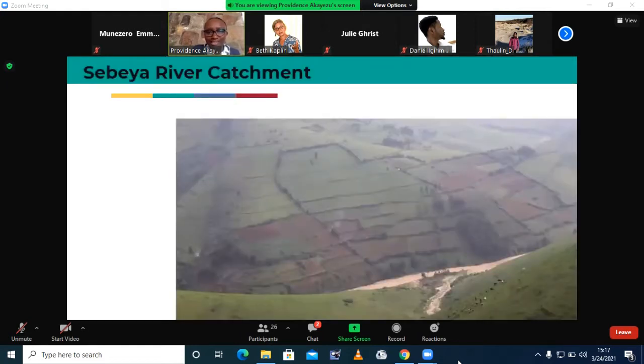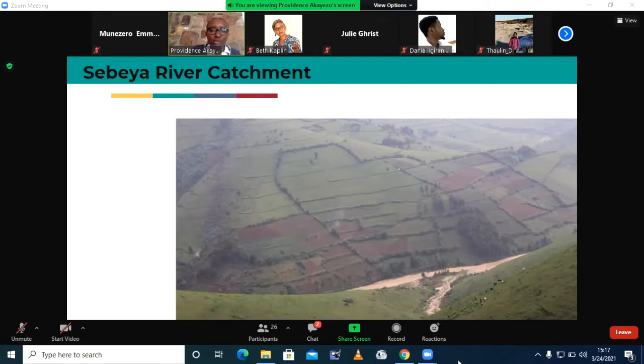Understanding the catchment again, this is the river Sebeya at its source, before it grows and becomes bigger. These are some of the landscapes in this catchment, hilly landscapes where the elevation ranges between 1,400 meters and 1,900 meters.